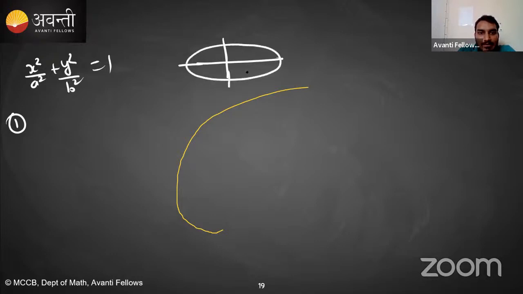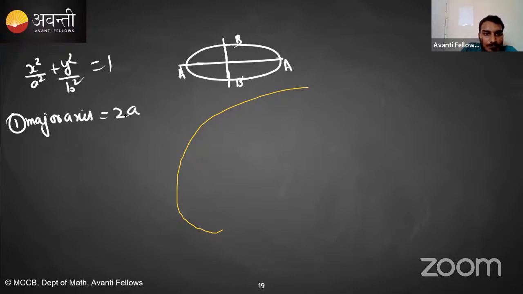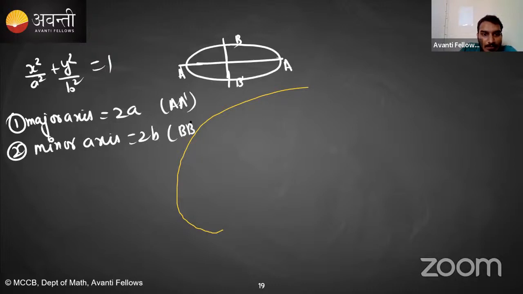This kind of ellipse we are asked. First, the length of the major axis is 2a. Second, the length of the minor axis is 2b, which is b dash.